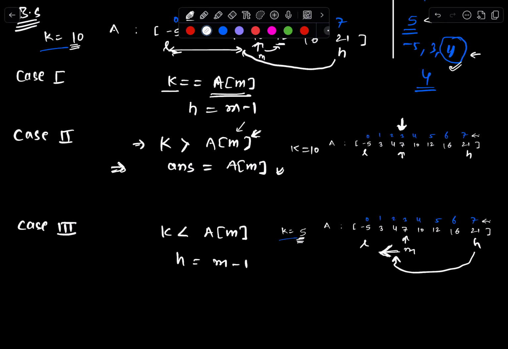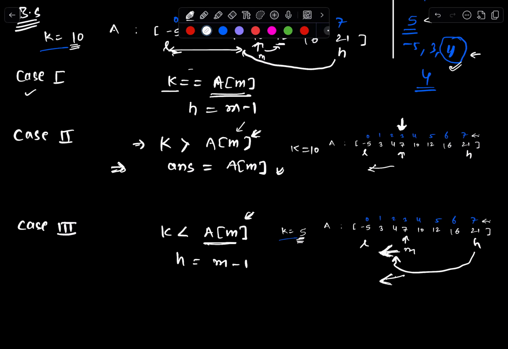If k equals the middle element, we have to search on the left side, because we have to find the smallest one. Equal to is not allowed. If k is less than, then again we have to search on the left side, because this element is greater. If this element is greater, then this can't be the floor. A greater element can't be the floor, so we have to search on the left side.